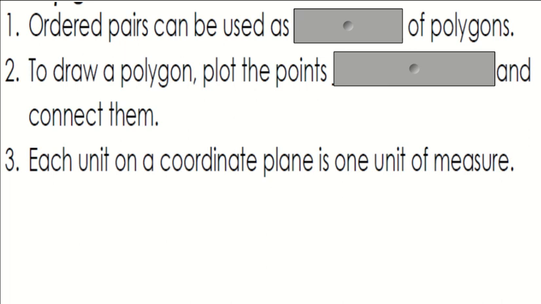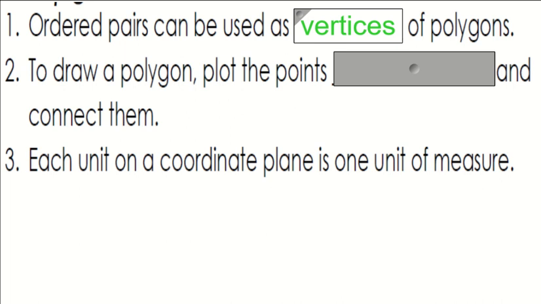What's a polygon, first off? Yeah, a shape with 3 or more sides. I mean, to make a shape, you have to have at least 3. All right, so the ordered pairs can be used as vertices of polygons.